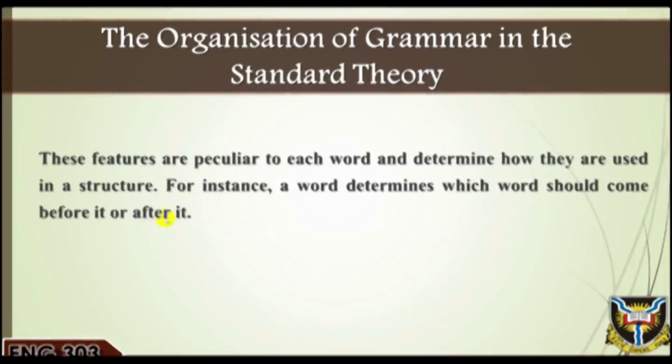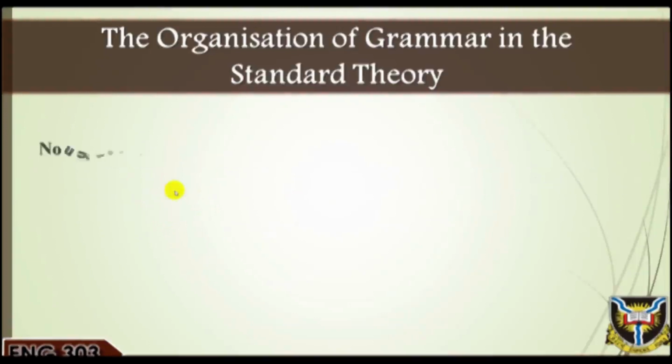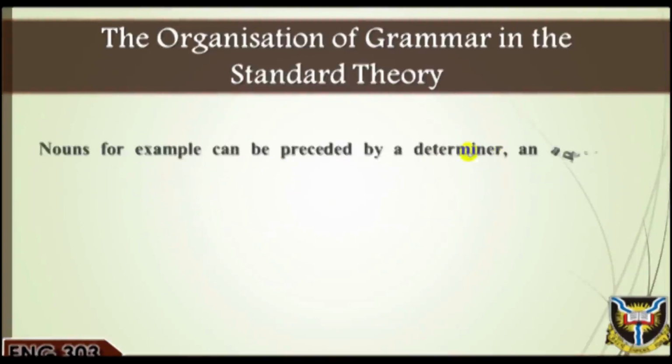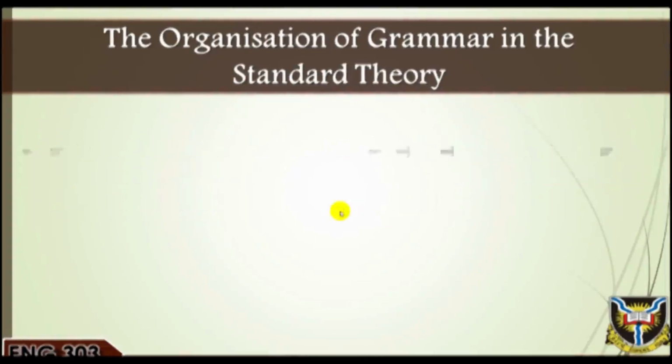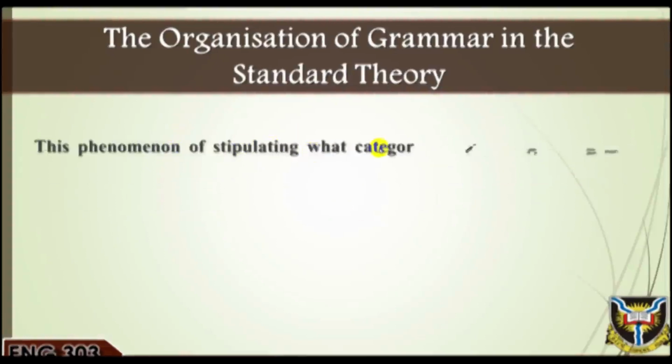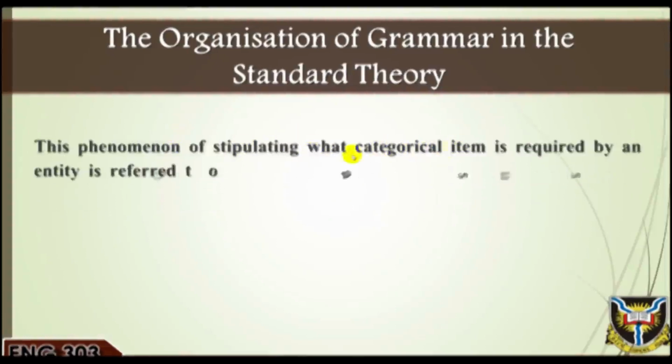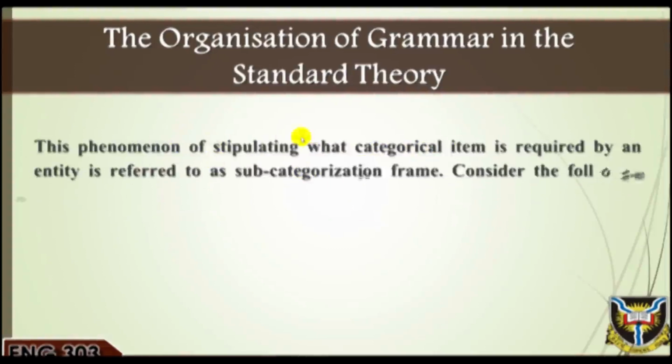However, this depends on whether the verb is monotransitive, that is, requiring only one noun phrase object, or ditransitive, requiring two noun phrases. This phenomenon of stipulating what categorical item is required by an entity is referred to as subcategorization frame.